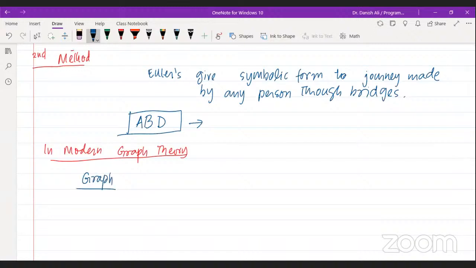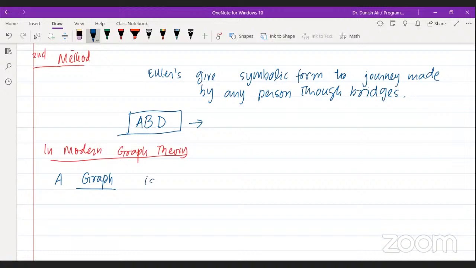This graph is different from what you have studied in the real calculus course, about the graphs of functions.